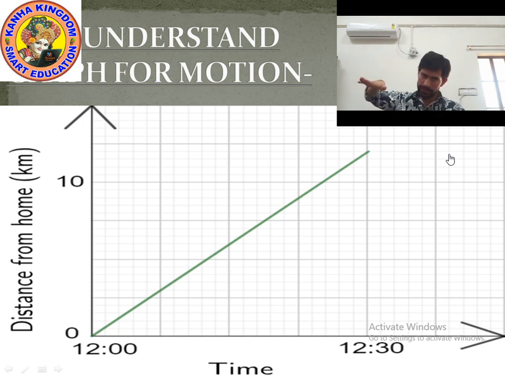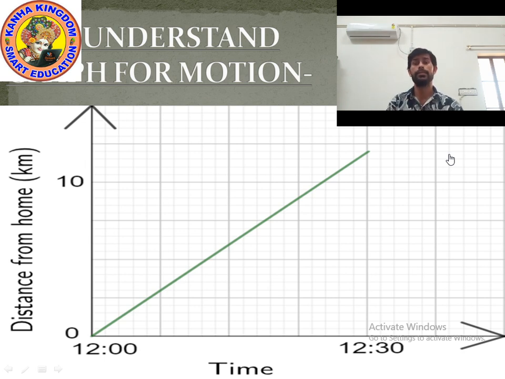X-axis lies horizontal, y-axis lies vertical. So if we talk about the graph for motion in terms of time and distance, we will show time on x-axis and distance on y-axis.